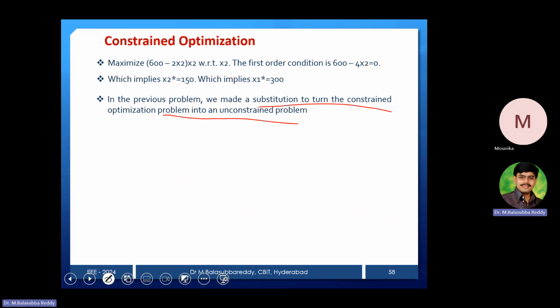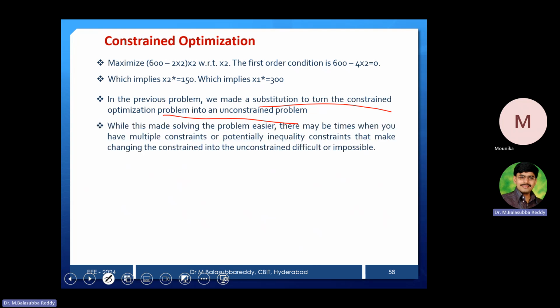But if we have more variables and more constraints, this method does not suit. That's what I mentioned here. If we have multiple constraints, then this is difficult or impossible, because in a power system problem, many control variables are there in a function, and each variable may have different constraints.